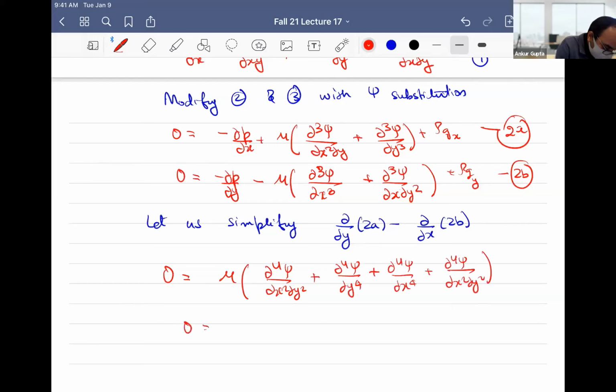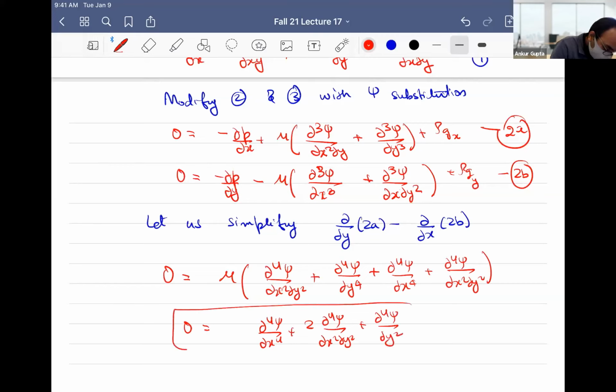Or 0 is equal to del 4 psi by del x4 plus 2 del 4 psi by del x square del y square plus del 4 psi by del y4. Okay.